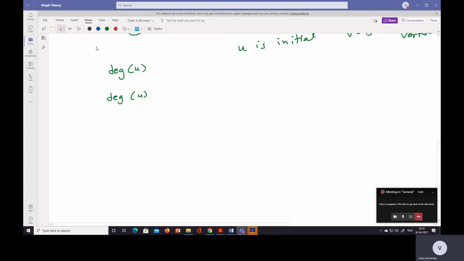Minus means we call it an in degree, and plus means out degree.